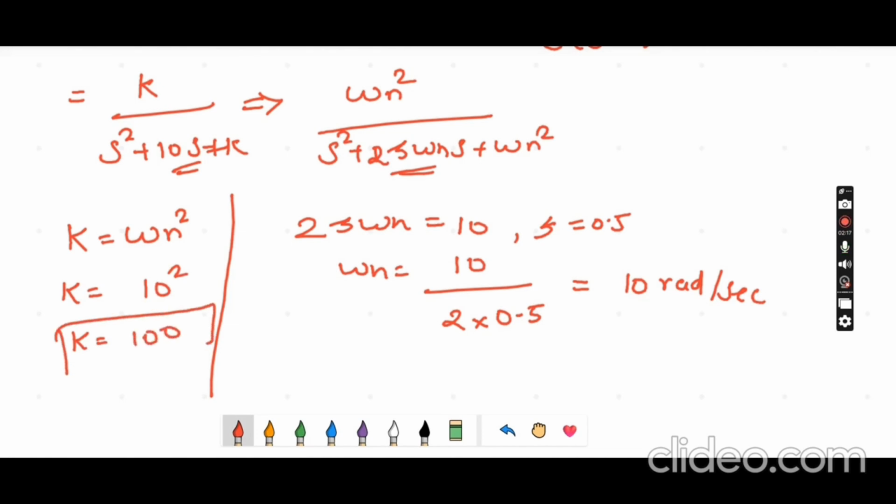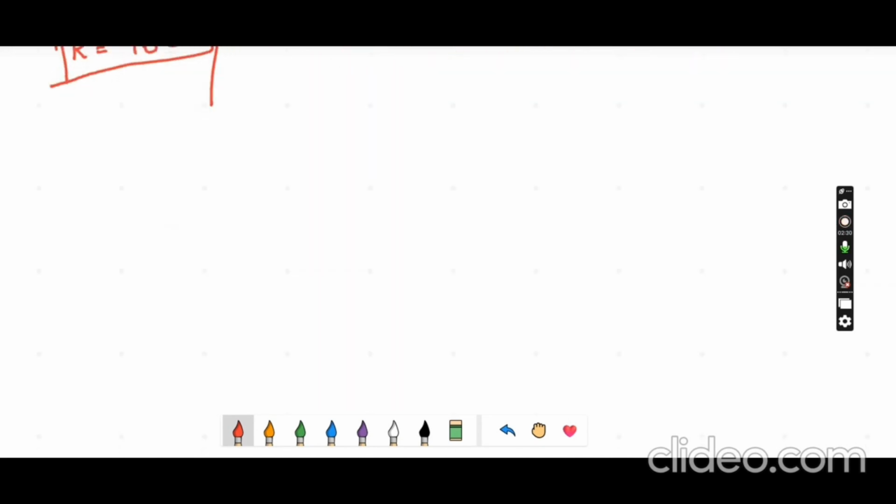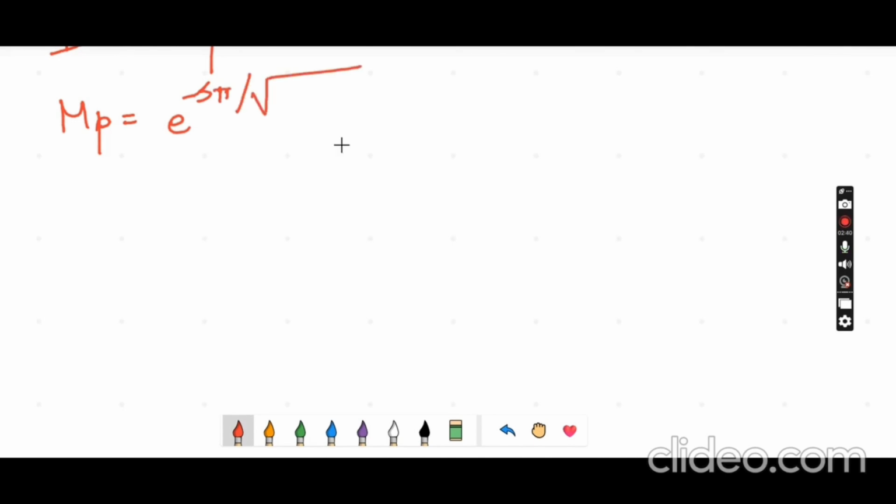So out of 3 values, we have obtained the first value k, and in addition we also obtained omega n. From that only, we calculated the value of k. Next we will find the other two parameters, MP and TP. How to find MP? MP is e power minus zeta pi divided by root of 1 minus zeta square, multiplied by 100.